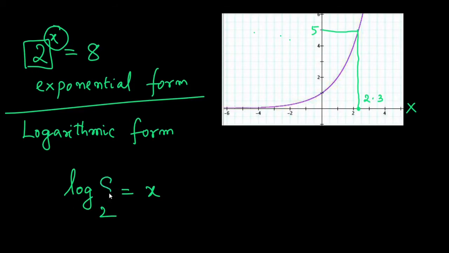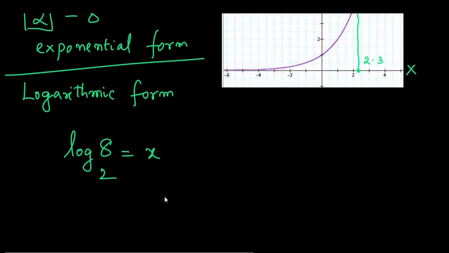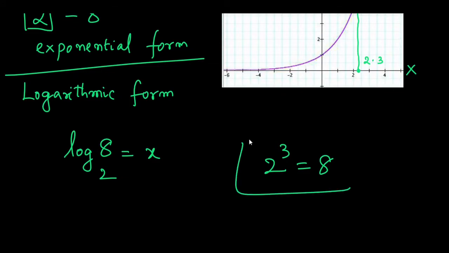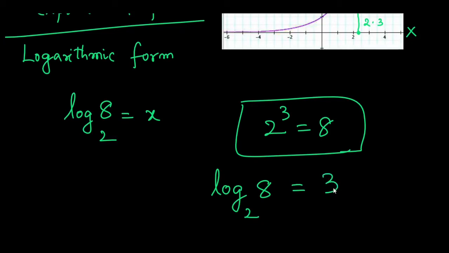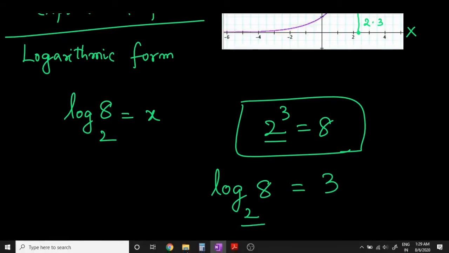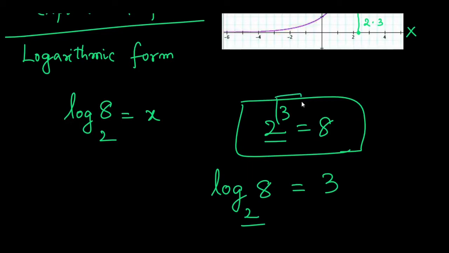Logarithm of 8 to the base 2 is equal to x. We know 2 power 3 is equal to 8. This is exponential form. When we write it in logarithmic form, logarithm of 8 to the base 2 is equal to 3. The base is the same in exponential form and in logarithmic form, and the exponent in exponential form is the value of the logarithm in logarithmic form.